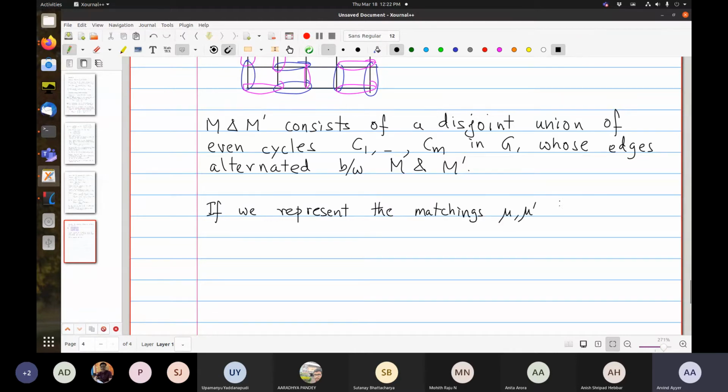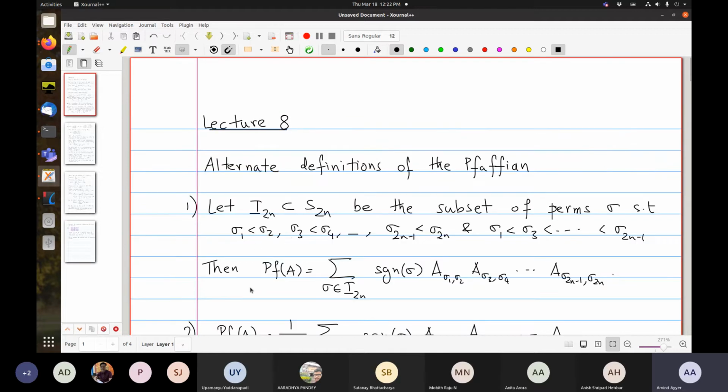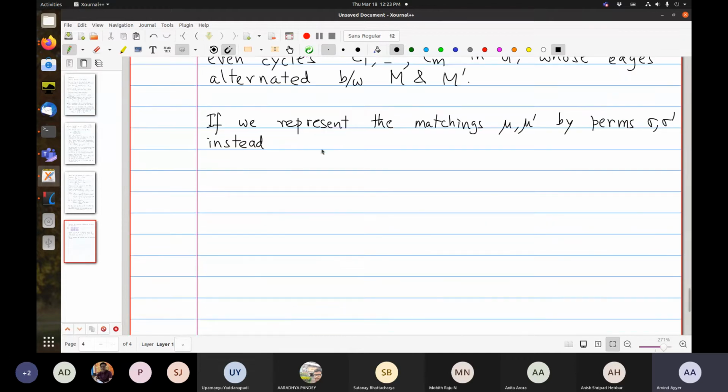mu and mu prime by permutations sigma and sigma prime instead, so this was what I said at the beginning. If I write permutations satisfying this condition, let me remind you what the condition is.